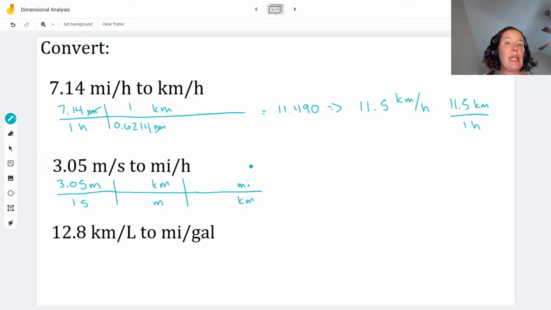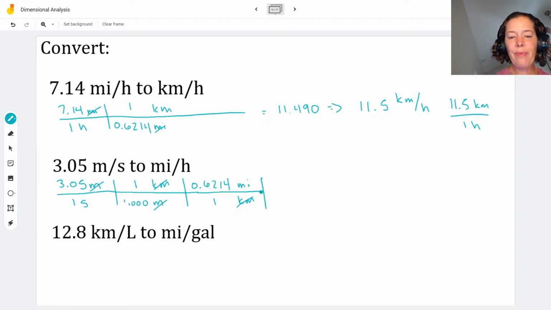I'm going to go ahead and get numbers in here. So, of course, 1,000 meters in 1 kilometer. And in 1 kilometer, there are 0.6214 miles. So you can see my meters have canceled, my kilometers have canceled, and my numerator is where I want it to be. But I still need to deal with this denominator.